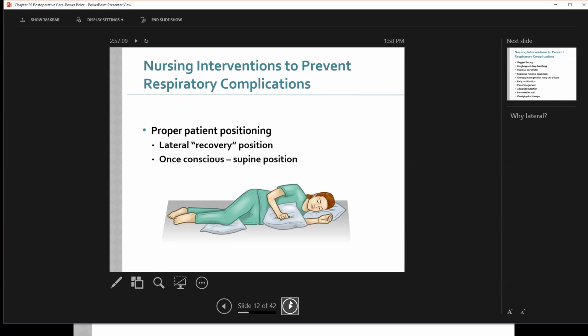Lateral recovery position helps keep the airway open and reduces the risk of aspiration if vomiting occurs. Supine position maximizes expansion of the thorax by decreasing the pressure of the abdominal contents on the diaphragm, so it makes breathing easier for the patient.